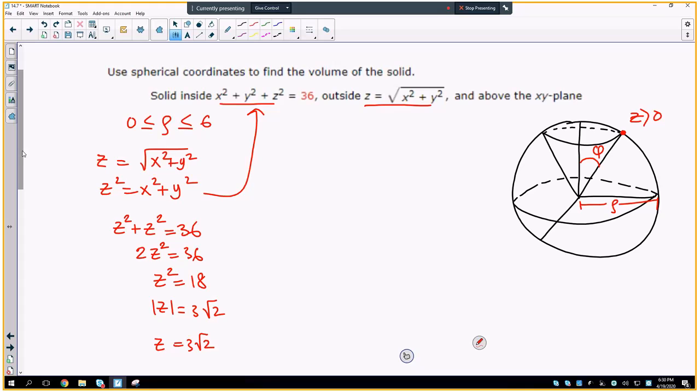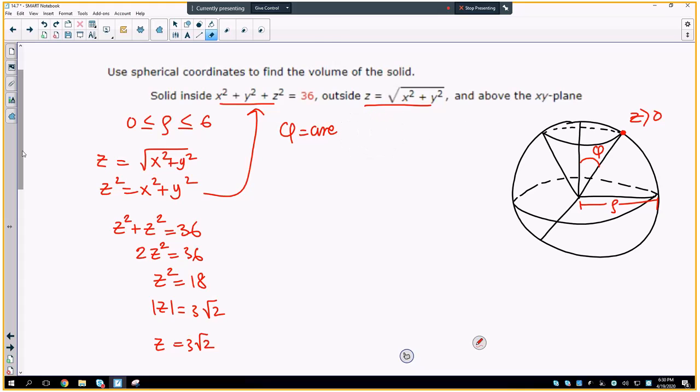What else? Remember, now we are going to think about phi equal to arctangent of z over r. Let me fix it: I said arctangent, it should be arc cosine.